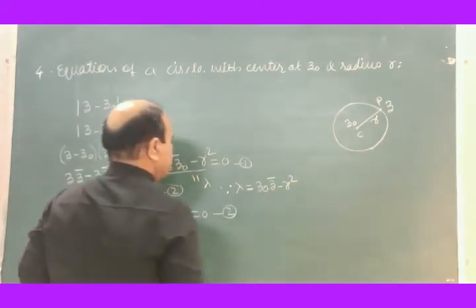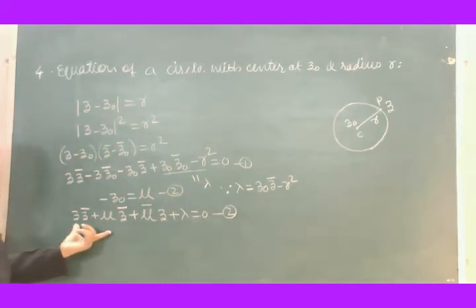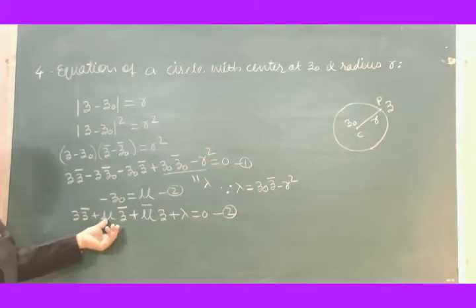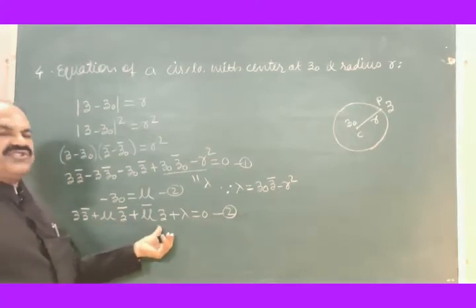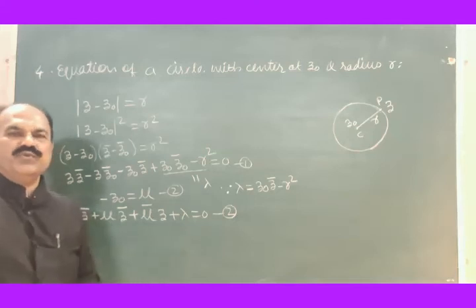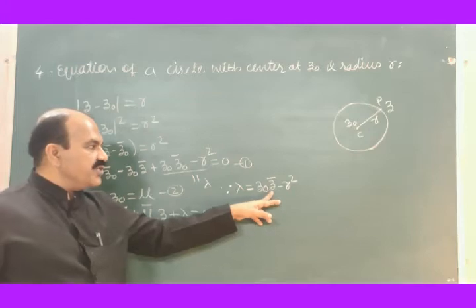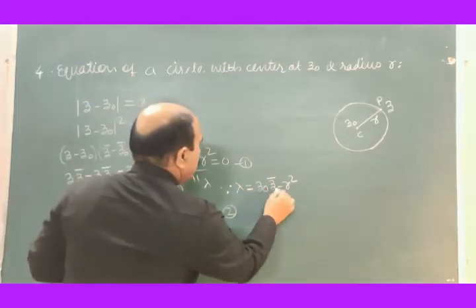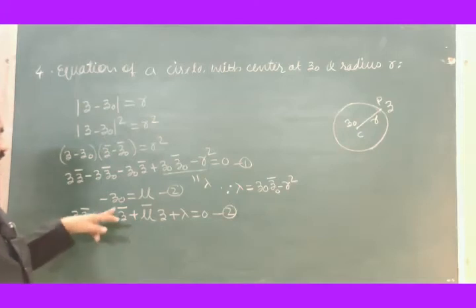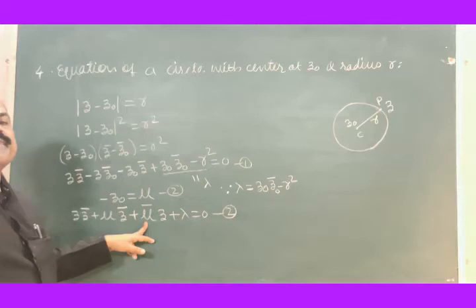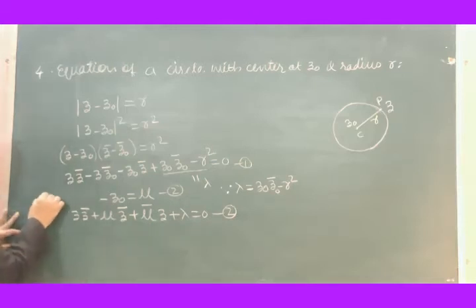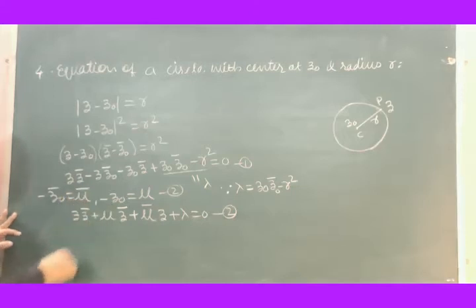Therefore this equation can simply be written as z z bar plus mu z bar plus mu bar z plus lambda is equal to 0, where lambda is given by z0 z0 bar minus r square, mu is given by minus z0, mu bar is given by minus z0 bar.